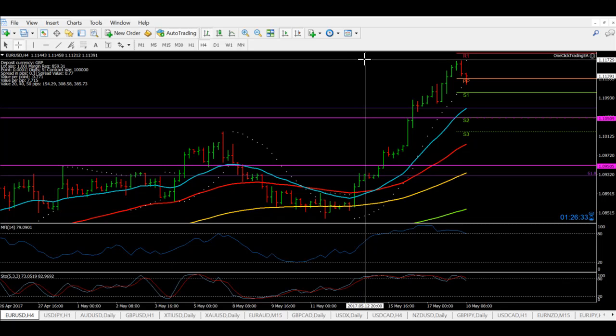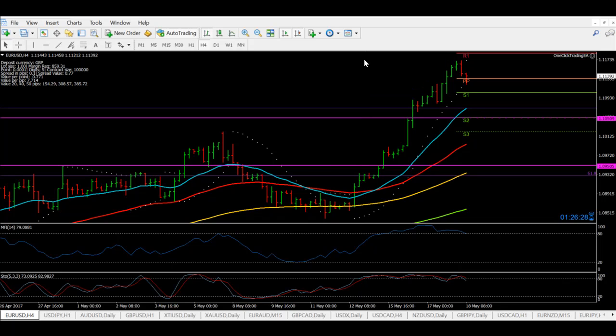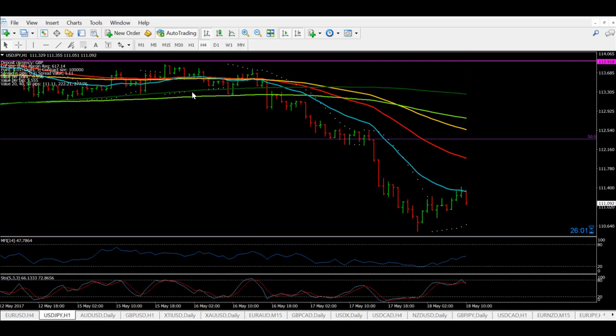Coming up, hitting a high of 1.1172, 1.1173, right now floating at 1.1139. So it has fallen somewhat in the early part of this morning, but still looks very bullish. Potentially we could see the euro pushing back up to those highs again later on today, but let's remember we do have Draghi speaking, so again investors are going to be looking at that as well.